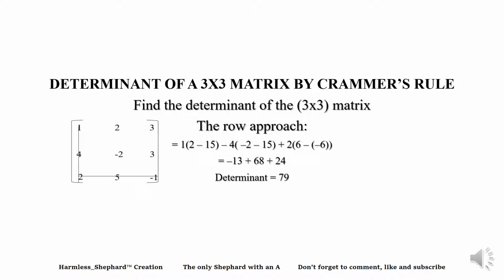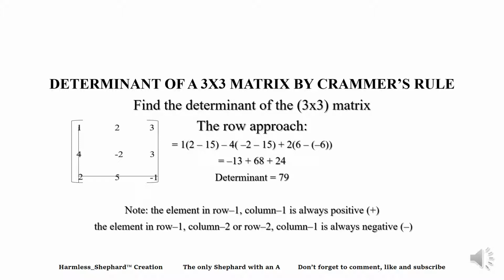So we have to note that the element in row 1 column 1 is always positive, and then the element in row 1 column 2 or row 2 column 1 is always negative. As you can see, let's look at the element in row 1 column 2, that's 4.